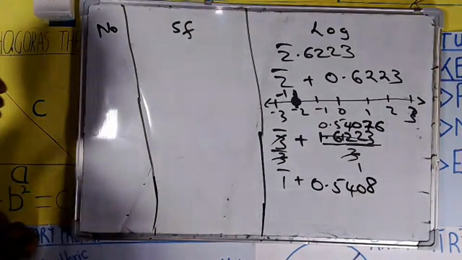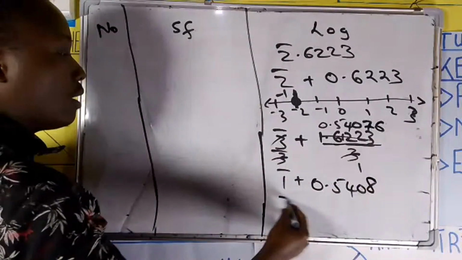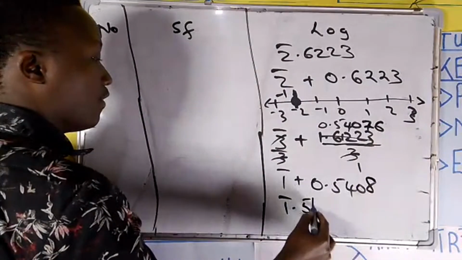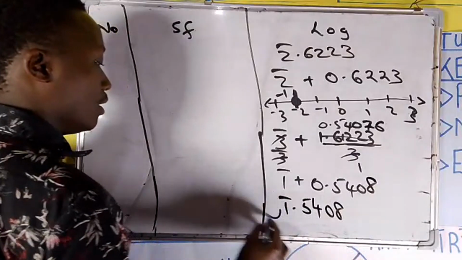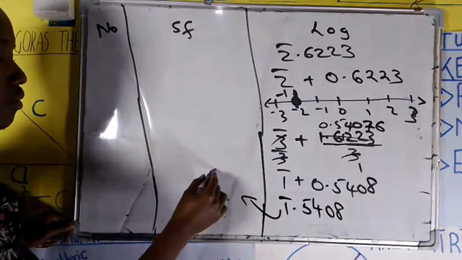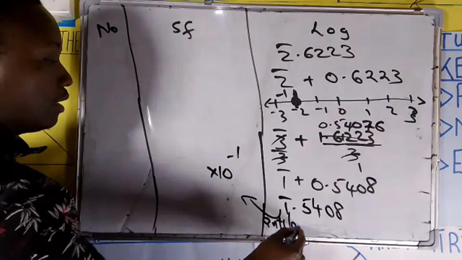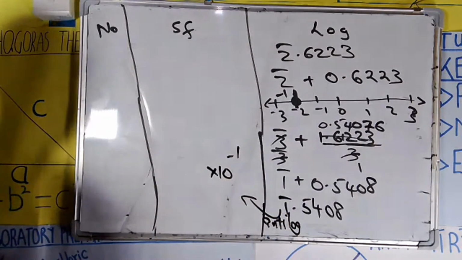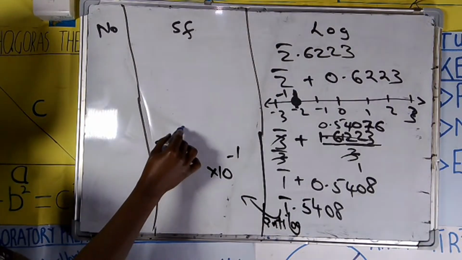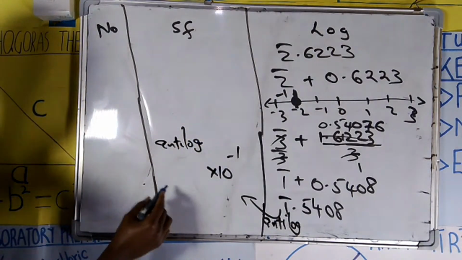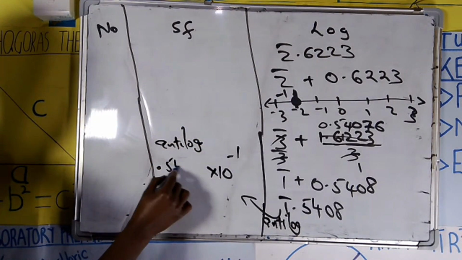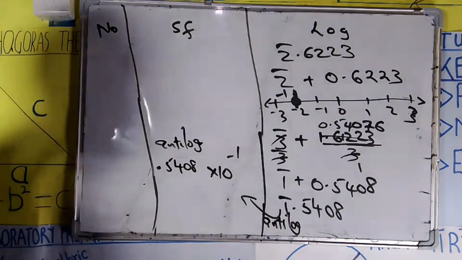When we add, it will be bar 1.5408. We bring it here as times 10 to power negative 1, and we want to find the antilog. So we find the antilog of 0.5408.